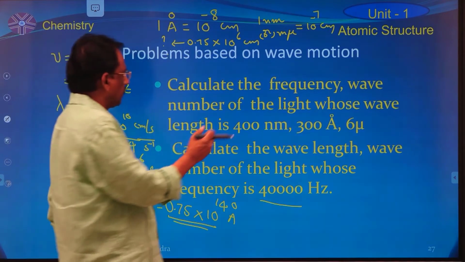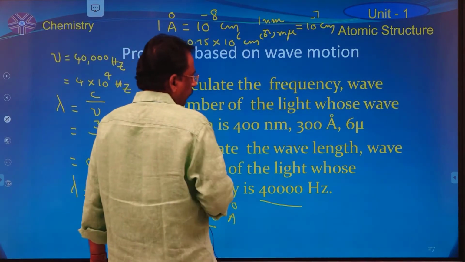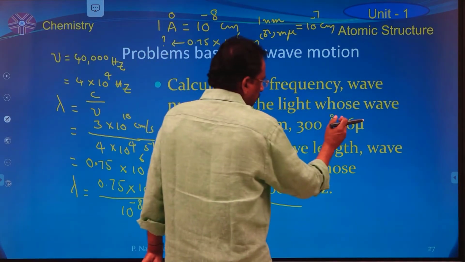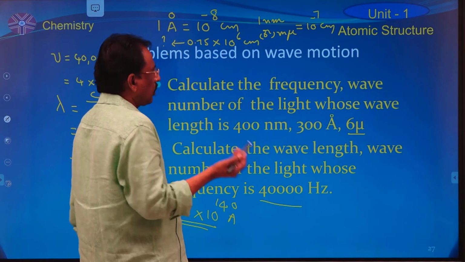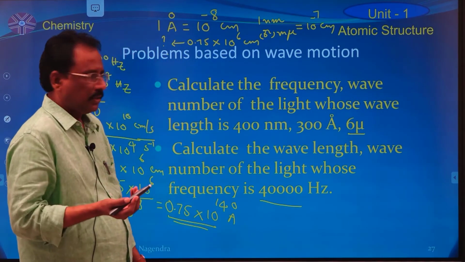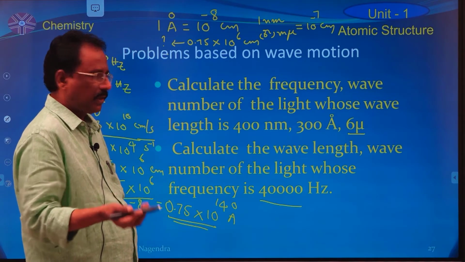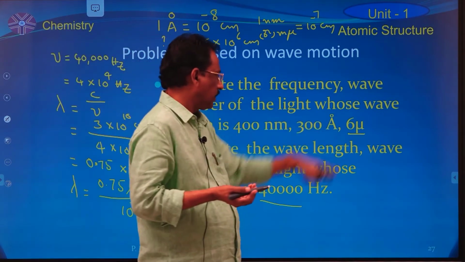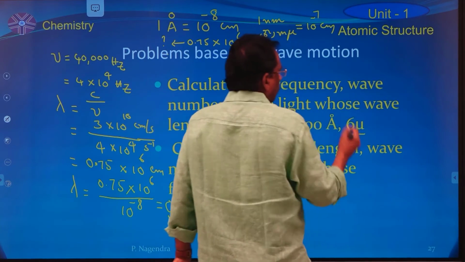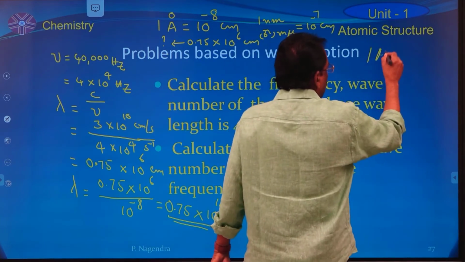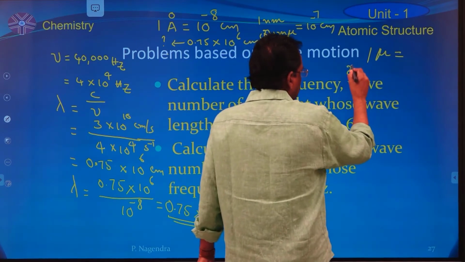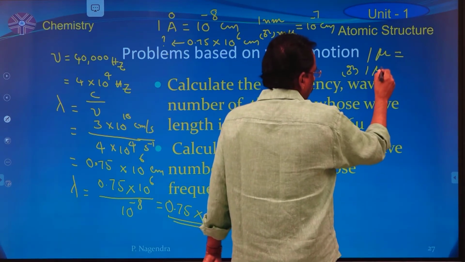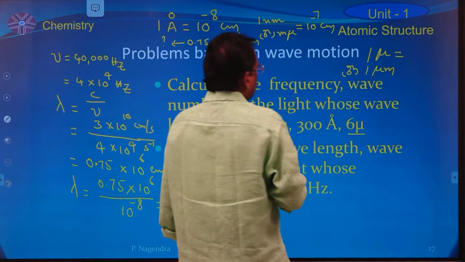Here in the first problem, lambda is given in microns. Note down the conversion between micron and centimeter also. 1 micron is nothing but 1 micrometer, both are same.